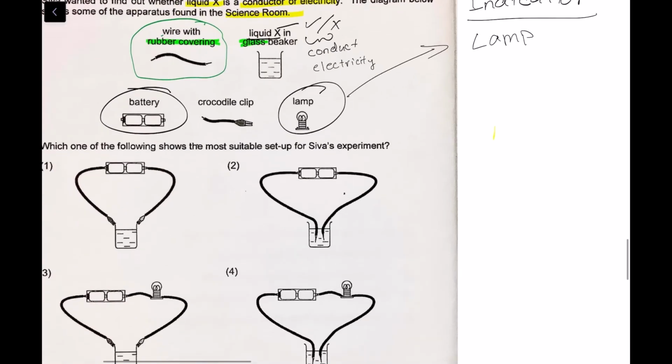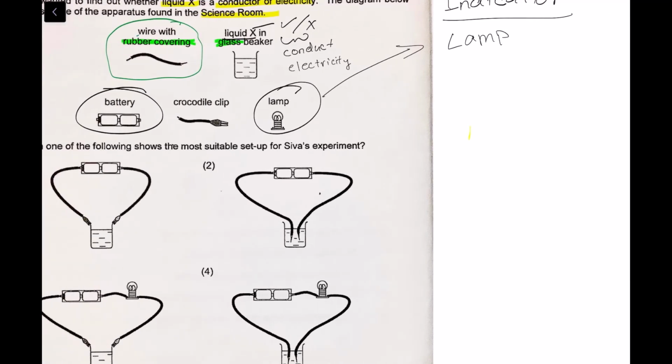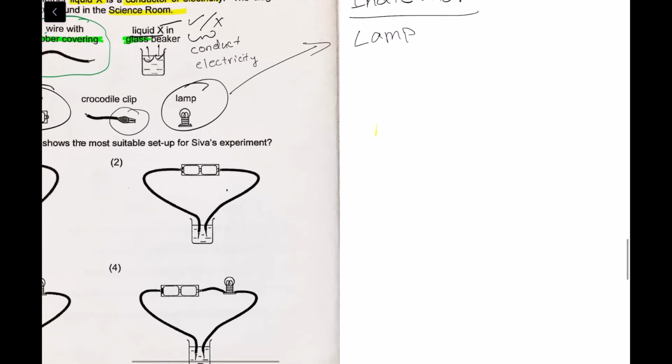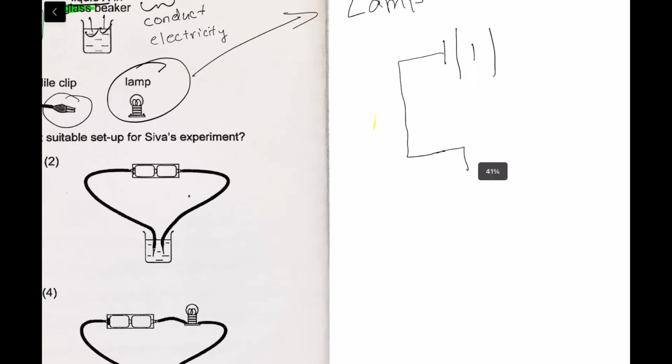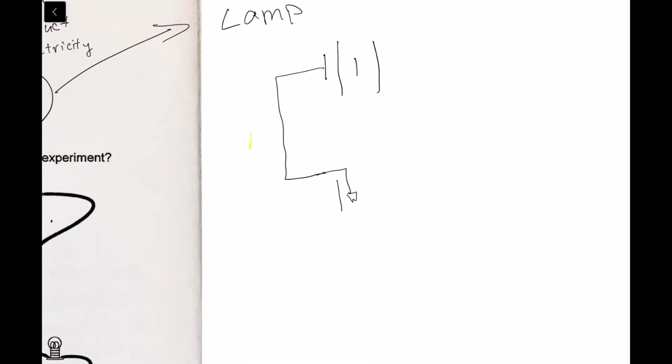Now, why is that so? This is because in a typical setup to find out whether X is a conductor or not, you would insert these crocodile clips into the liquid. If I draw the diagram out, you would have these batteries, this wire with rubber covering, and then you would attach it to a crocodile clip, and then you would insert it into a beaker of the substance which you want to test for.